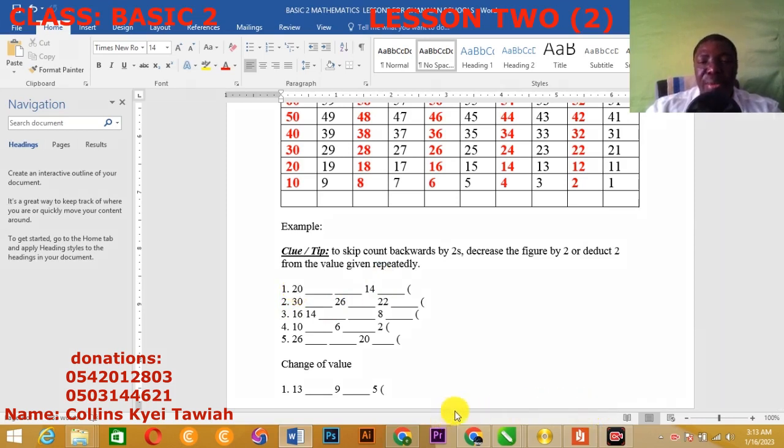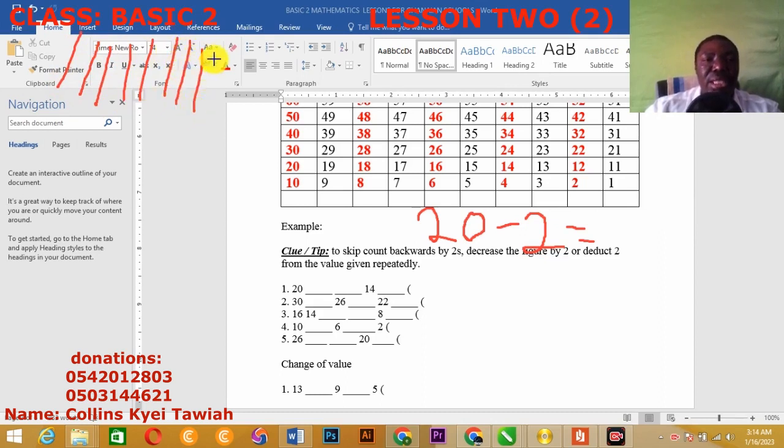With the example here, we have 20. Now 20, you decrease it by 2, that is, deduct 2 from 20, so minus 2. Are you getting it? So you get 20 pieces of sticks: 1, 2, 3, up to 20.